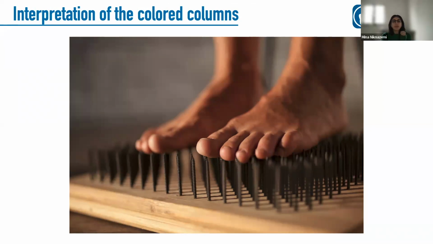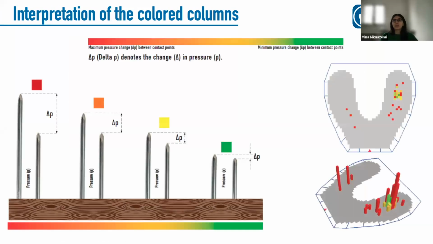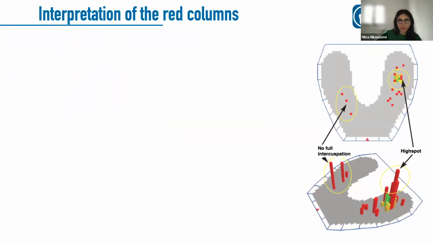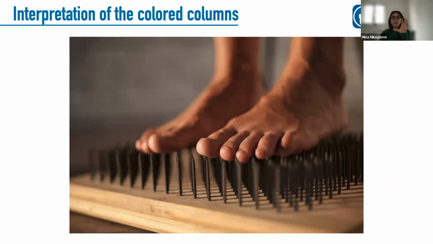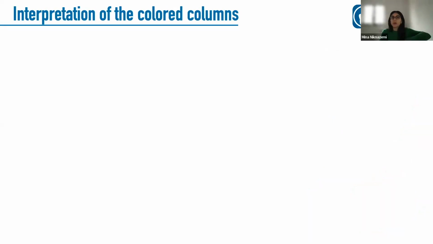And if you think about the amount of pressure that is being applied to the sole of the foot of this person by each and every single needle, and you now take a little outburst from this needle plate and compare how much pressure activation you can see on each needle, then if you take two neighboring needles that are receiving pressure, whereby the pressure change is very, very high between these two needles, we know that one of those needles is being pressured down quite heavily.